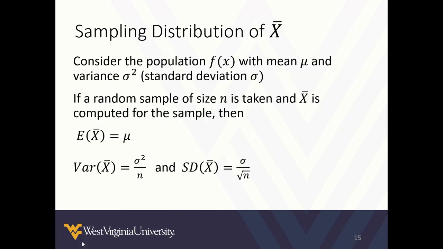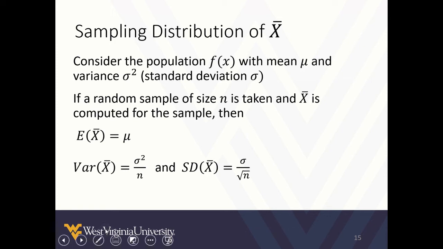So let us consider the population f of x with mean mu and variance sigma squared. If a random sample of size n is taken, and our sample mean is computed, then what we expect to occur is that the mean of our sample mean is going to be equivalent to the population mean, and that the variance is going to be equivalent to the population variance divided by the sample size.